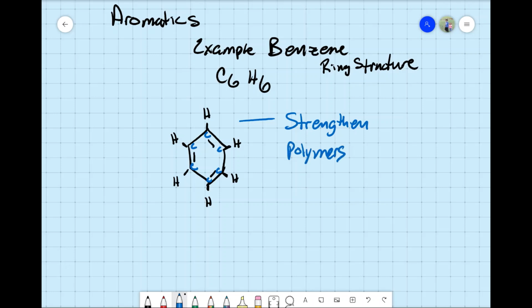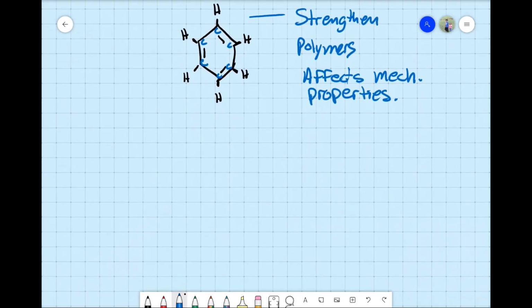I should probably change this to say it affects, it greatly affects mechanical properties. The presence of benzene in a polymeric structure tends to mean it's pretty strong or has some sense of rigidity. And we'll talk about that a little bit now.